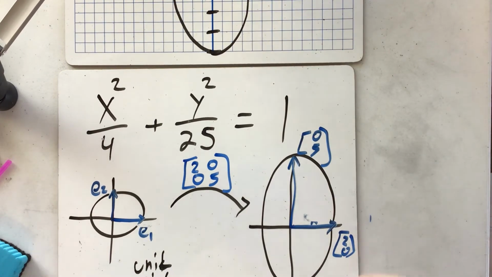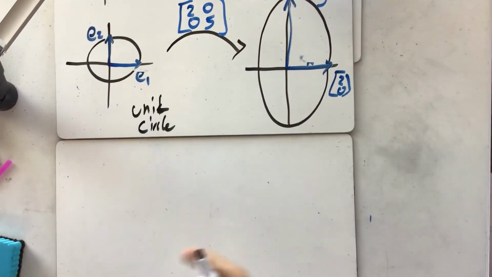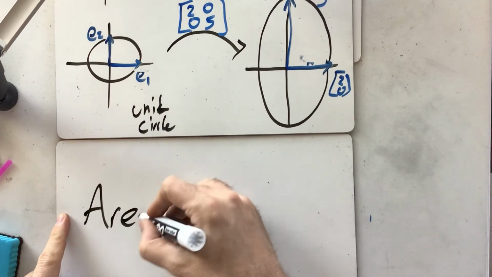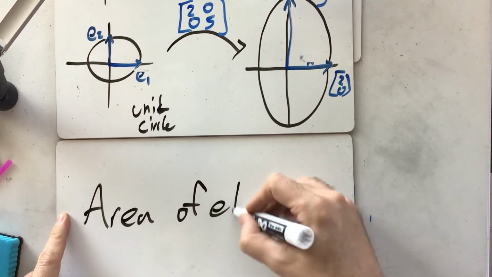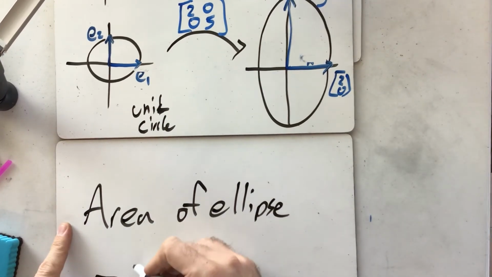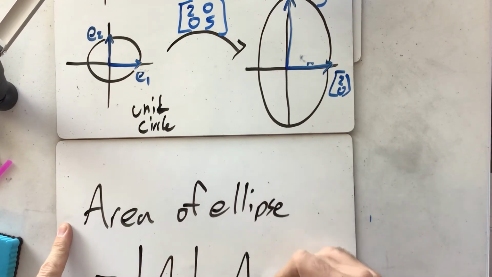Well, what that means is that I can use that principle that I had just a minute ago, and that is that the area of the ellipse equals the determinant of that transformation matrix times the area of my unit circle.